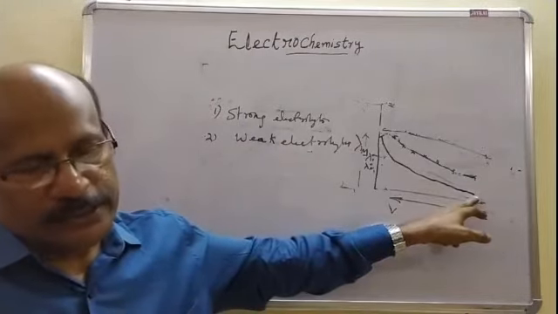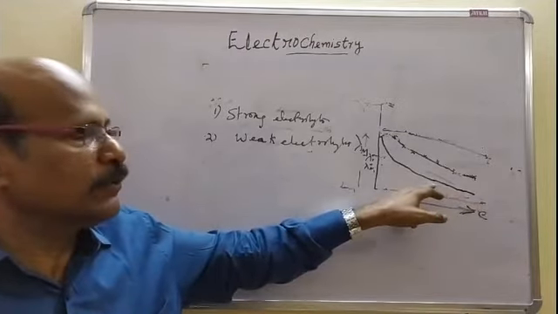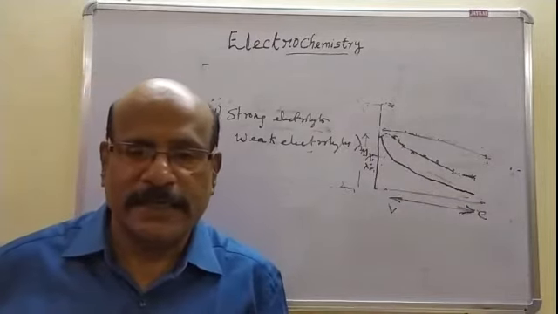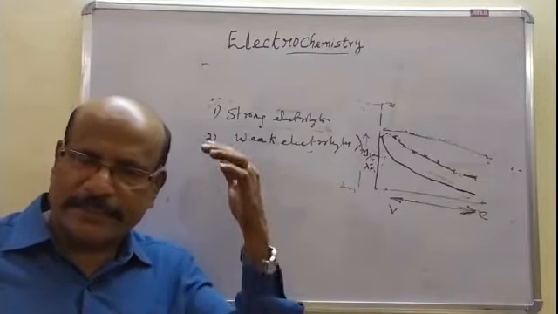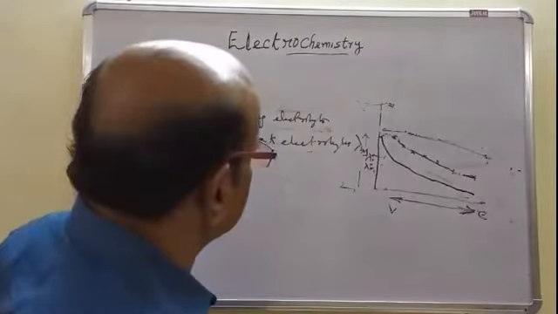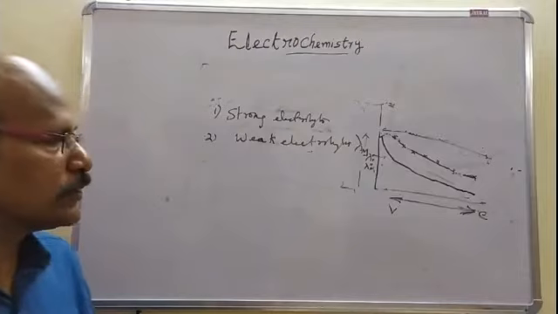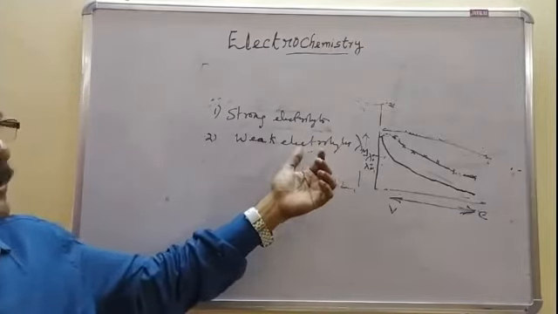So as the dilution increases, more and more molecules ionize, so the number of ions increases tremendously, thereby there is a rapid increase in their conductance with the dilution. That explanation I will discuss in connection with the theory. So strong electrolytes are, for example, strong acids and strong bases, and weak electrolytes are weak bases, weak acids, etc.